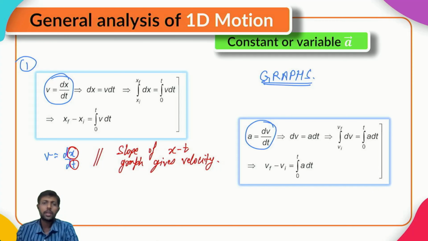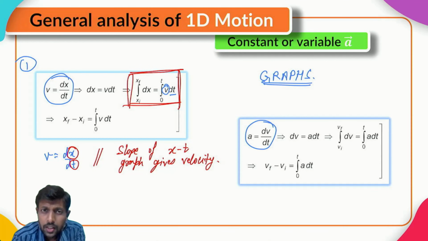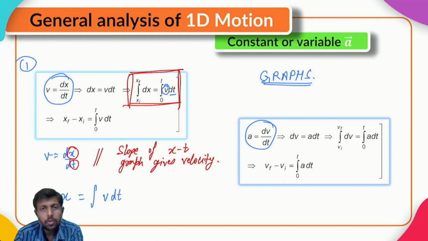Okay, what else can we extract from this? What other information can we extract? Let's look at this. When you know how velocity is changing with time, you can get the displacement from there. How? If you integrate velocity with respect to time, a definite integration from 0 to t, or whatever is the time interval from t1 to t2. If you integrate the velocity time graph between a given time interval, the result will give you the displacement.